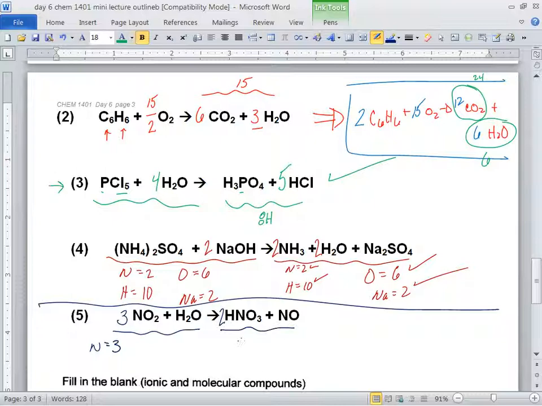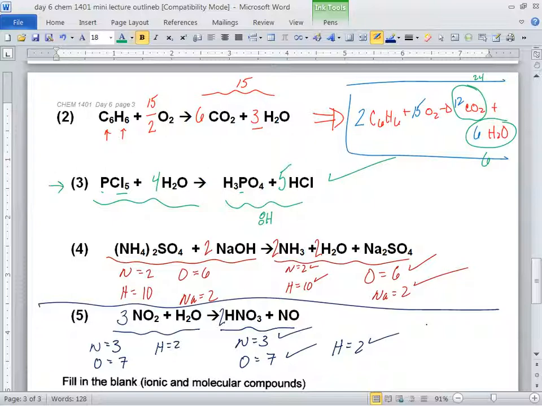This side, 3 nitrogens. 6, 7 oxygens. 7 oxygens. 2 hydrogens. 2 hydrogens.